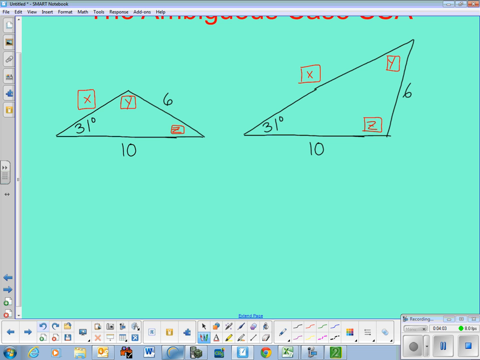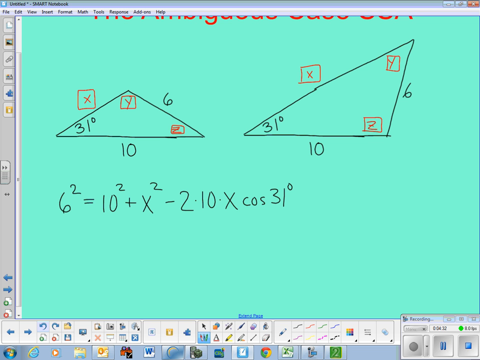Well, I know that the 6 corresponds to the 31, meaning 6 squared equals 10 squared plus x squared minus 2 times 10 times x times the cosine of 31. The 6 corresponds to the 31, so the 6 is the first thing I write. The 31 is the last thing I write.